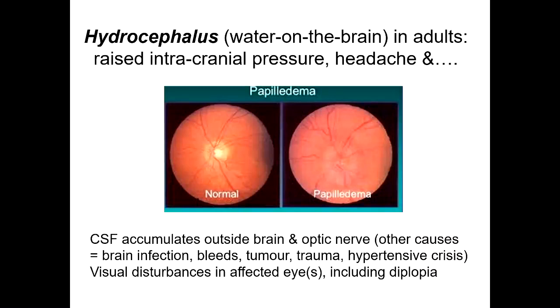Not just blockage of the cerebral aqueduct, but brain infections, brain bleeds, brain tumours, brain trauma, and really bad hypertensive crises can all produce papilloedema, in which the patient almost always complains of visual disturbances of one sort or another in the affected eye, and sometimes of double vision, because they don't see terribly well out of one eye, so they may also complain of diplopia.